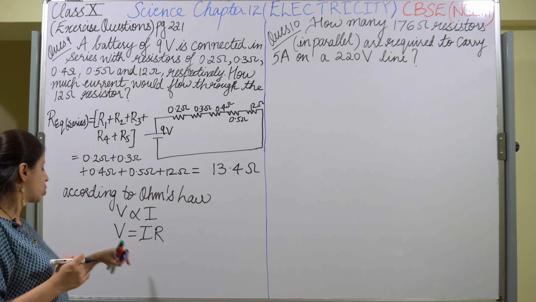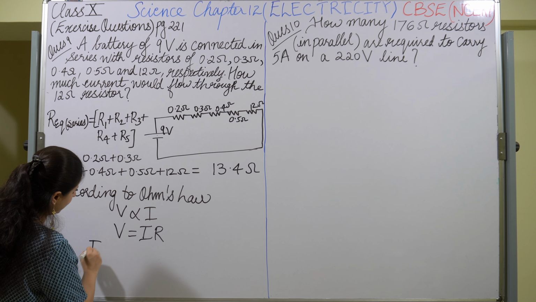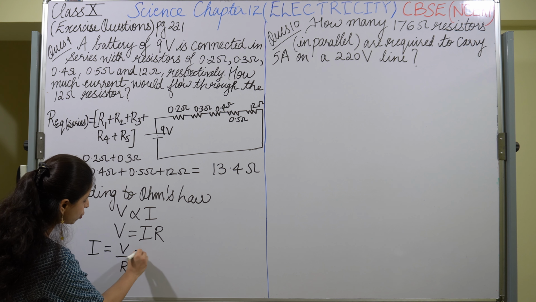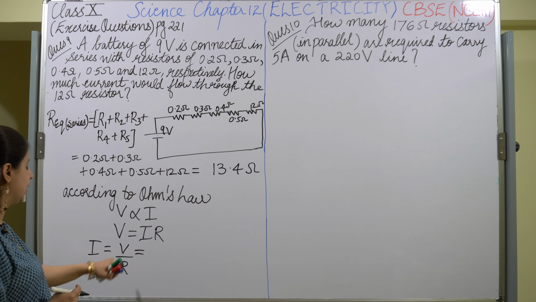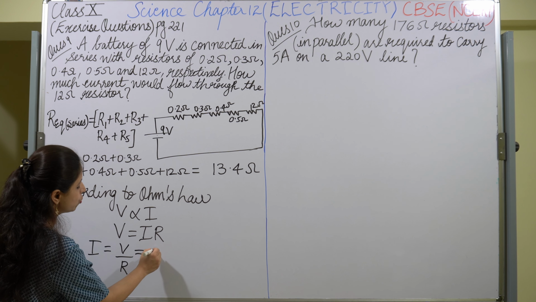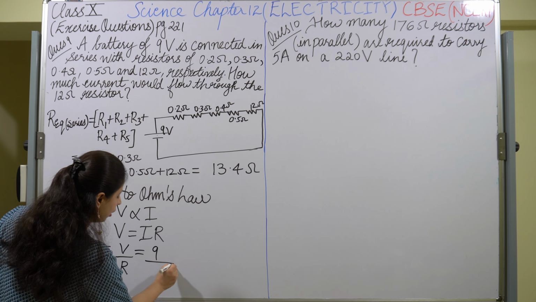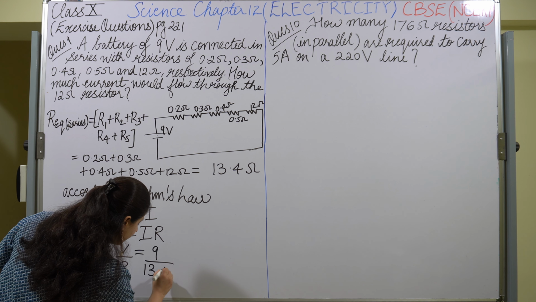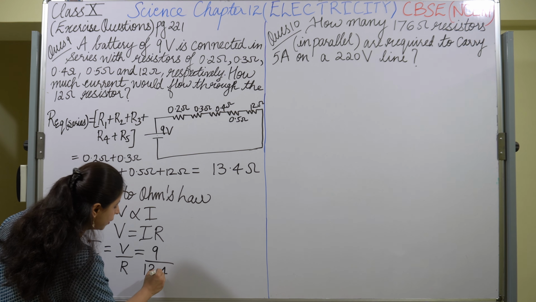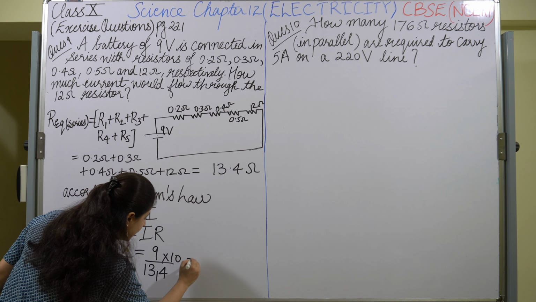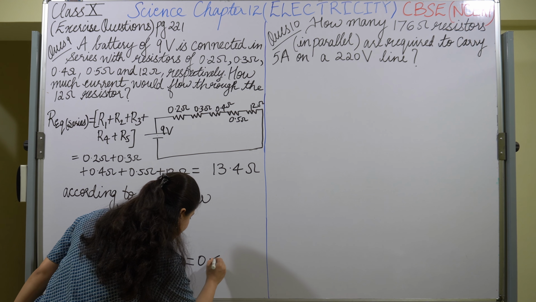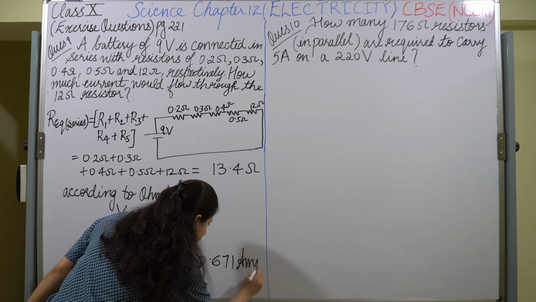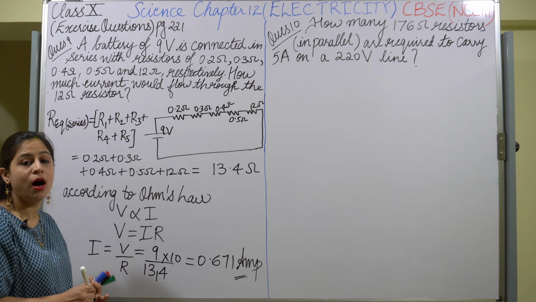So the current I will become V upon R. We put in the values: V is given as 9 and R we have already calculated as 13.4. When we solve it, we get a value of 0.671 amperes. So this is our answer.